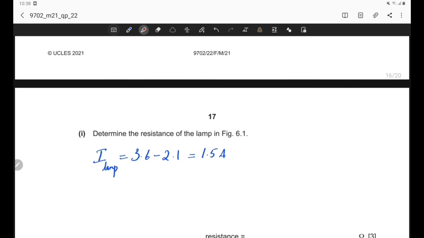Now we need to calculate the resistance of the lamp. So we have to calculate R. I we already have. So if we have the V value, we can use the equation V is equal to IR. So we can find out the voltage of this lamp when the current value is 1.5 ampere.